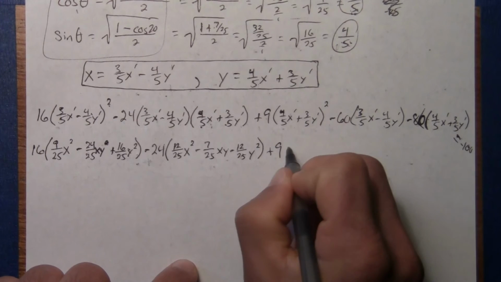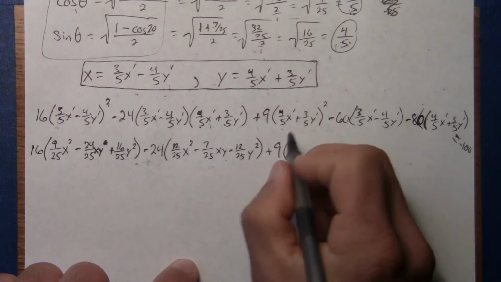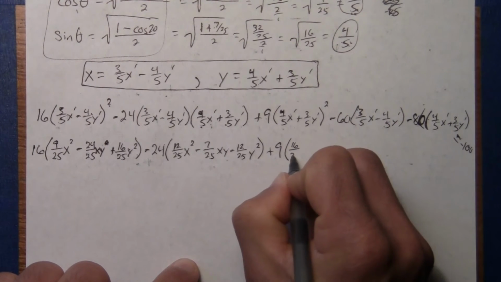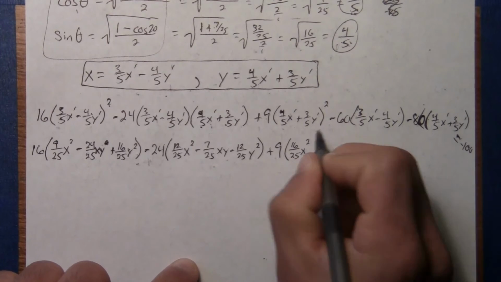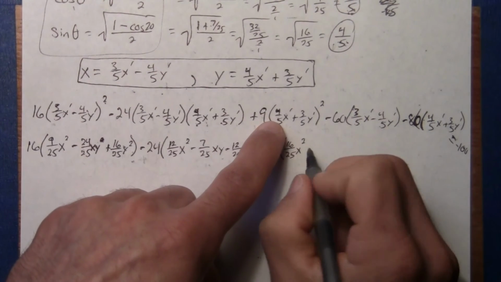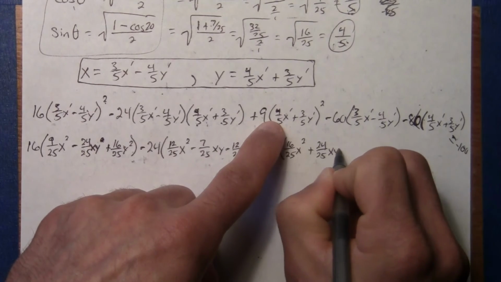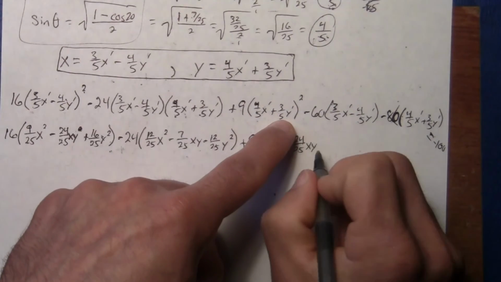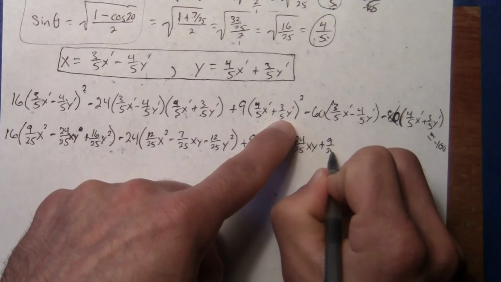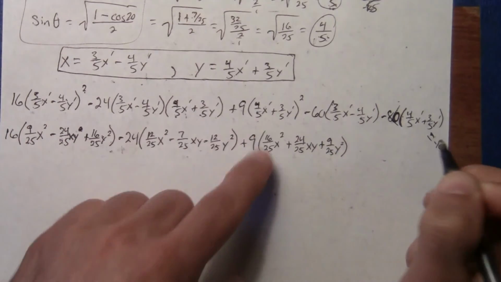Alright, plus 9 times, foiling this, if I square the first term it would be 16/25 x squared. Insides and outsides are both positive 12, so adding those together I get positive 24/25 xy. And then squaring the last term will give me a positive 9/25 y squared.